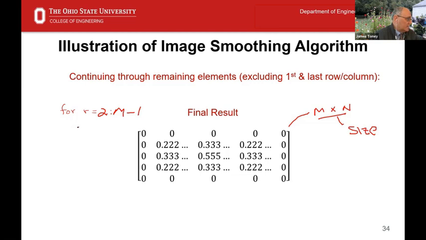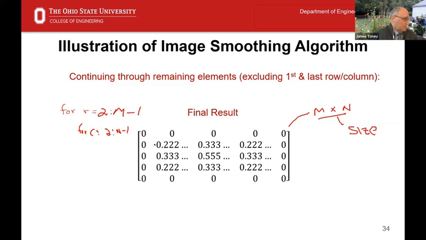Then within that, you have a nested loop where you loop over the columns. And this also goes from 2 to the number of columns minus 1. So remember the way this works, the inner loop goes through each value for each execution of the outer loop. So first row is 2, so we're starting at 2.